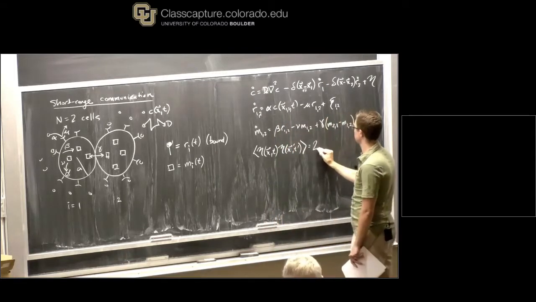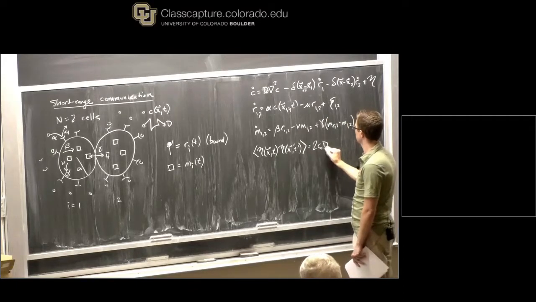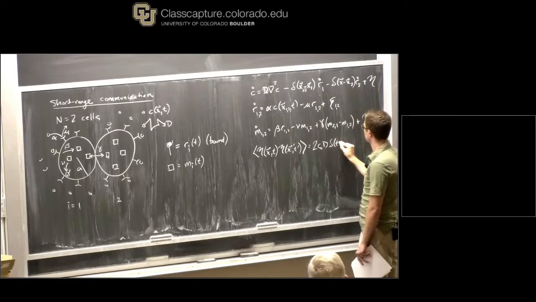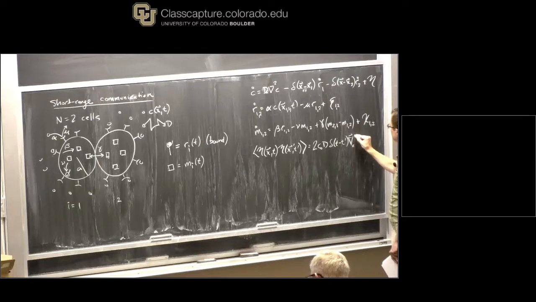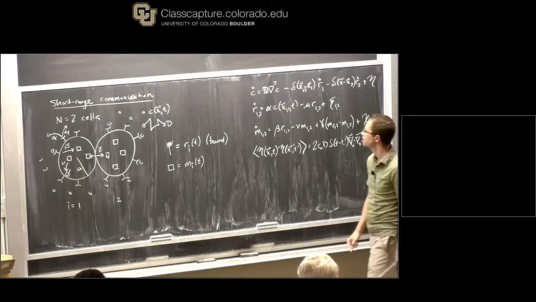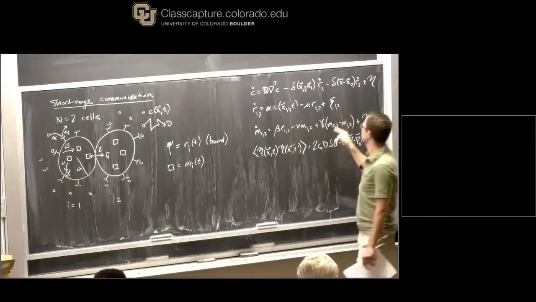Namely, it's a strength of 2 C naught D. It's delta correlated in time, and it's not delta correlated in space. It has these gradient operators that account for the correlations between neighboring locations as molecules diffuse. Okay. These are a little bit easier.